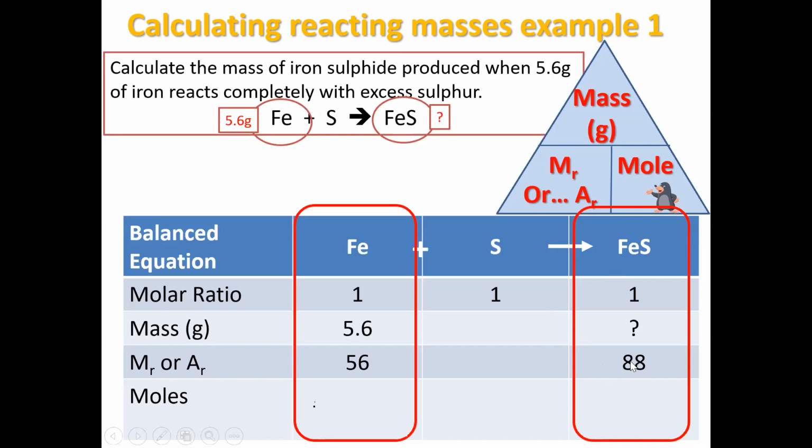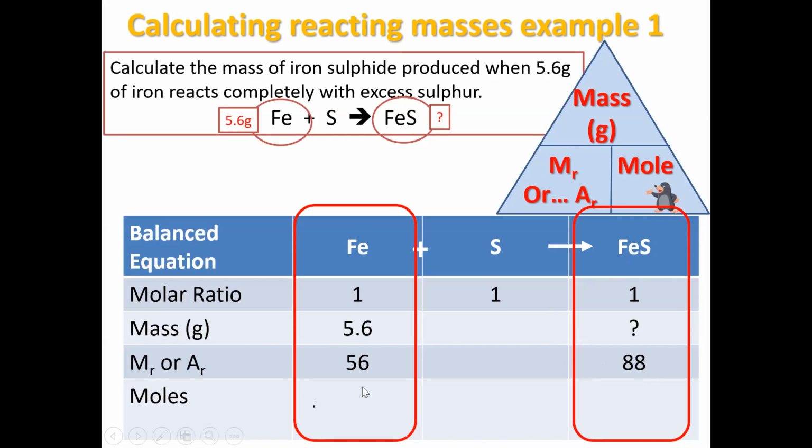Now, where did I get 56 and 32 from? Well, if you go to the periodic table, 56 is the relative atomic mass of iron, 32 is the relative atomic mass of sulfur. So 56 plus 32 would give you 88.